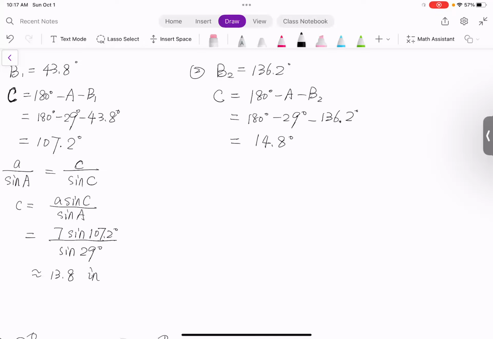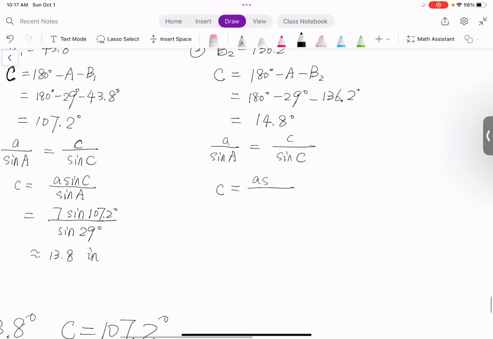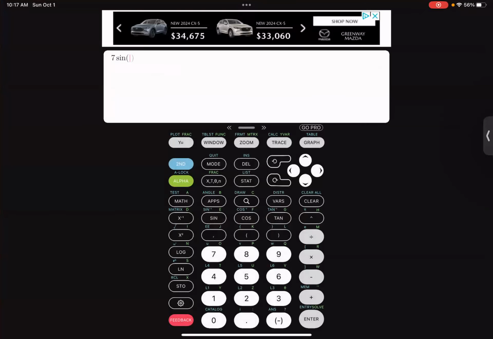And then find the side c. a over sine A equals c over sine C. So isolating c, c equals a times sine C over sine A. So c equals a is 7 and sine C, where C is 14.8 degrees, all divided by sine A, which is sine 29 degrees. Using our calculator to approximate the solution, 7 times sine 14.8, all divided by sine 29, is about 3.688.